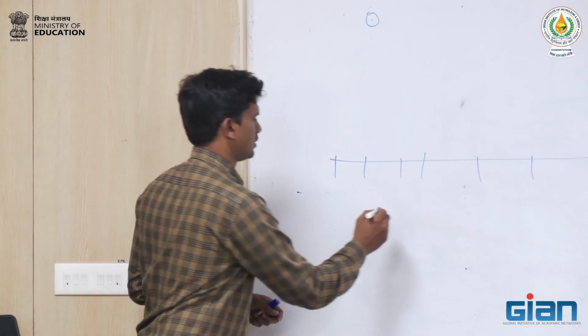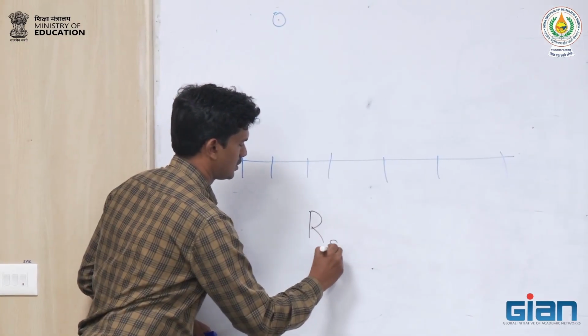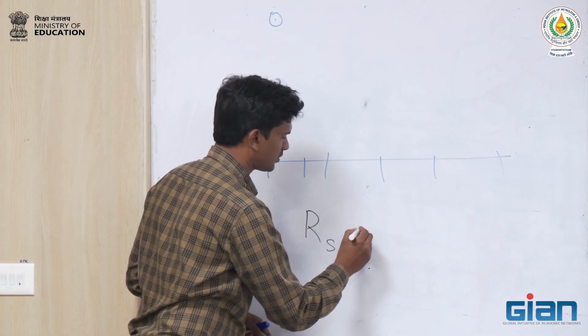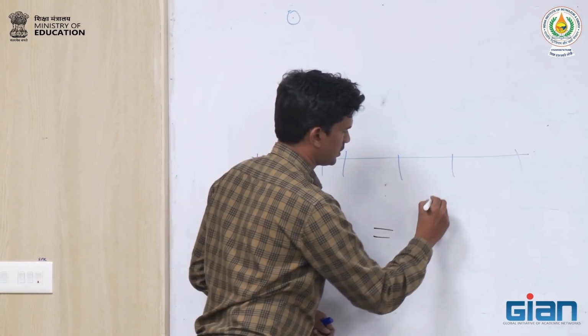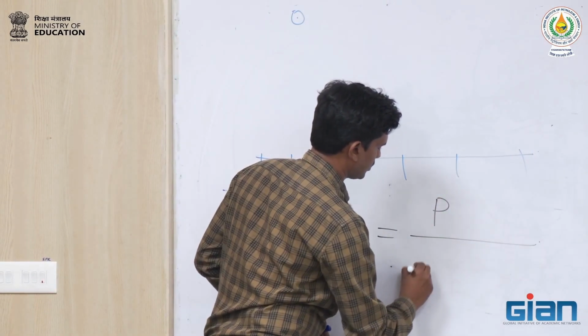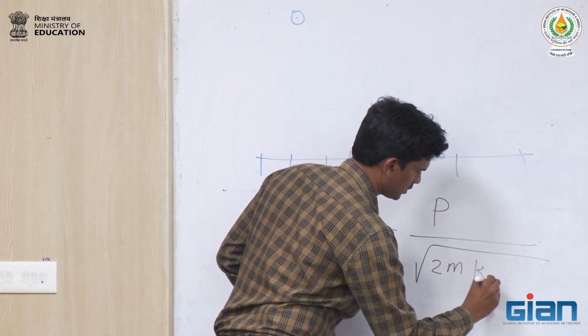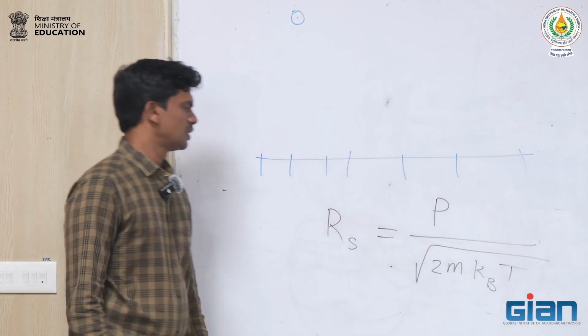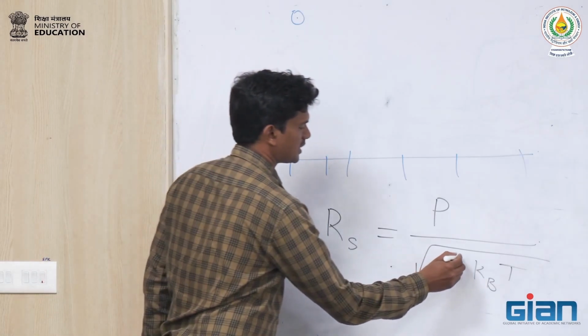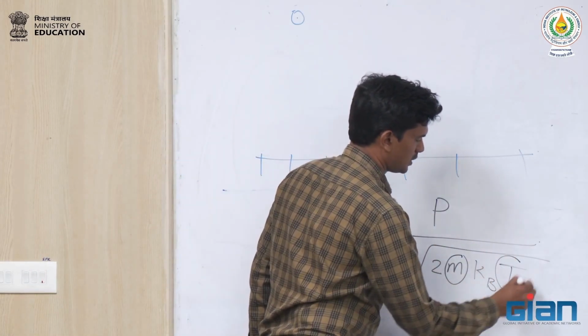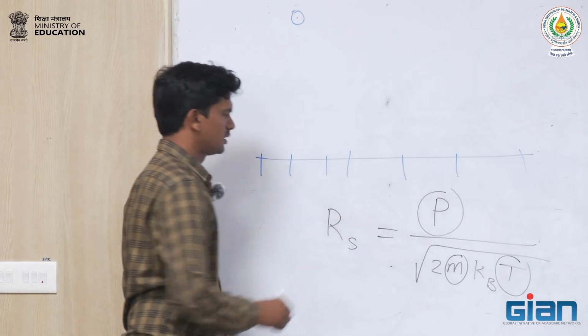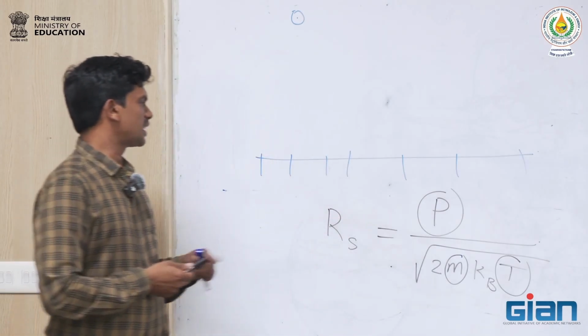Remember? Anyhow, that will come back. It goes something like this. It depends on the mass of the molecule, the temperature, and the pressure. So this is the rate of striking.